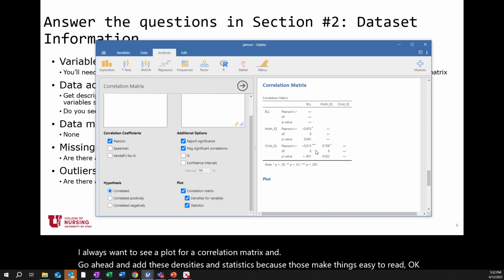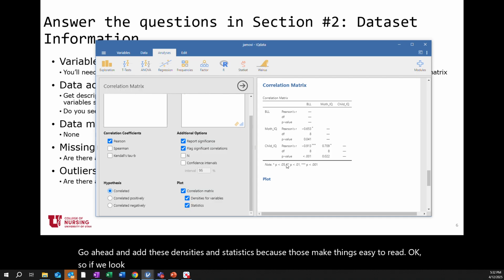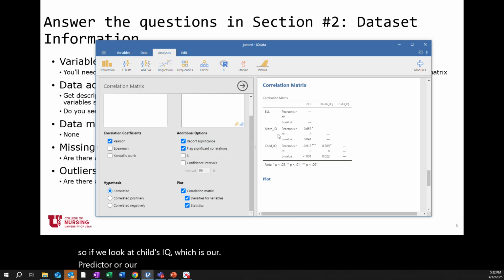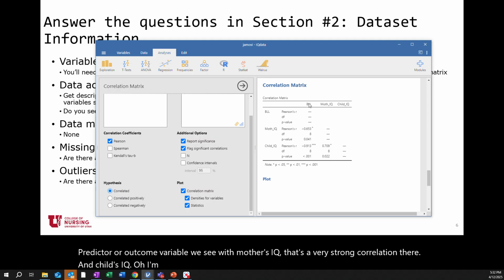Okay, so if we look at child's IQ, which is our outcome variable, we see with mother's IQ, that's a very strong correlation there. And child's IQ, oh, I'm sorry, I read the wrong column.